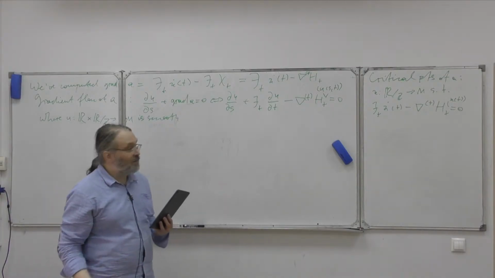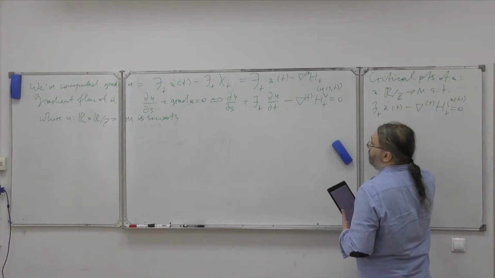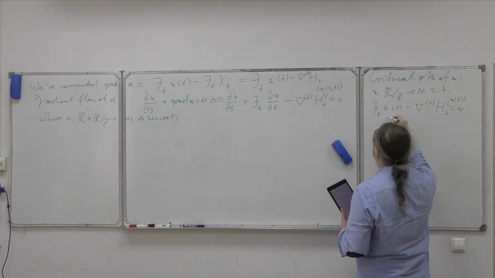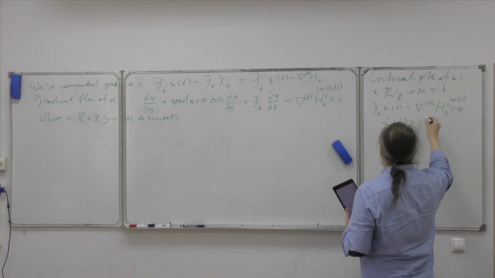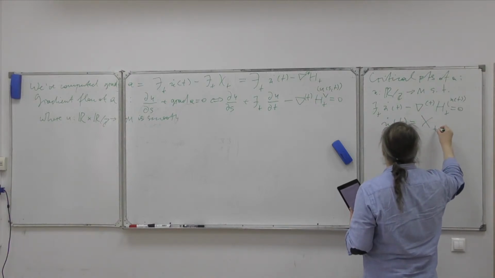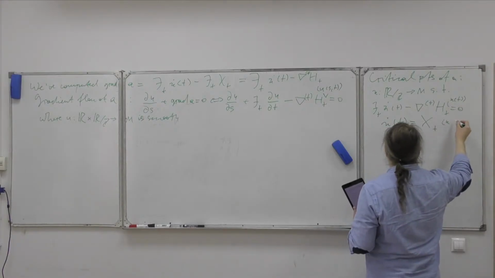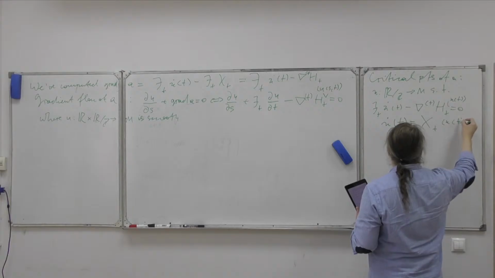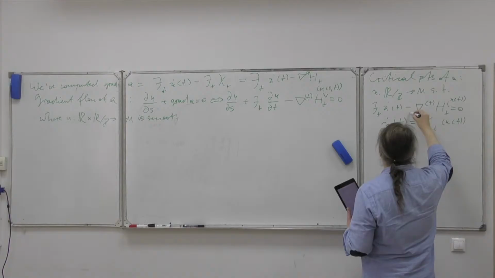So, equivalently, we could write this equation as x prime of t equals the Hamiltonian vector field of h_t at x of t, and these two are equivalent.